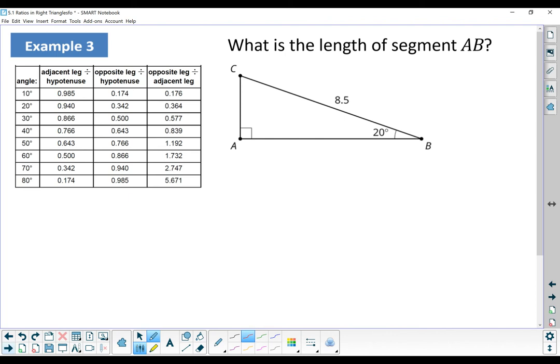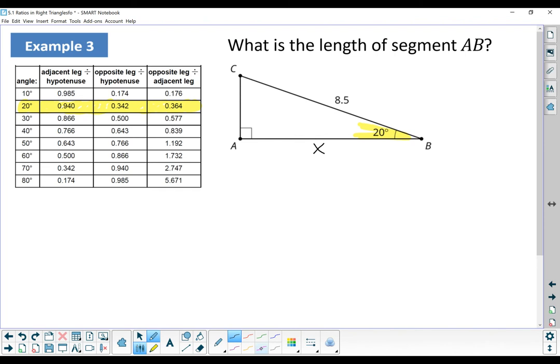So we can even use this chart to help us find a side length. This question asks us, what is the length of segment AB? So I'm going to put an X there since that's our value that we're trying to find. Thinking about our reference angle of 20 degrees, that tells me I'm going to be using this part of the chart somehow.